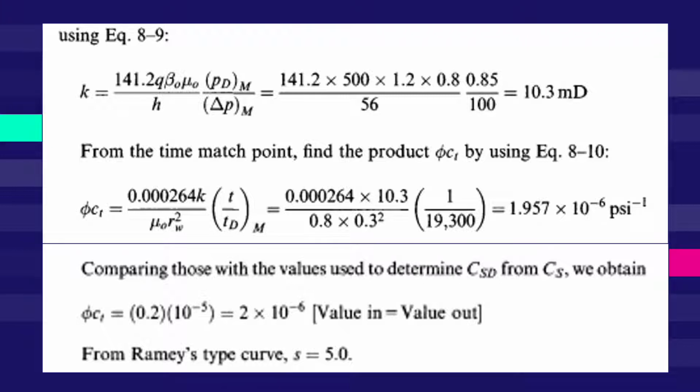Comparing those with the values used to determine CSD from CS, we obtain phi CT equal to 2 times 10 raised to negative 6. From Ramey's type curves, S is equal to 5.0.